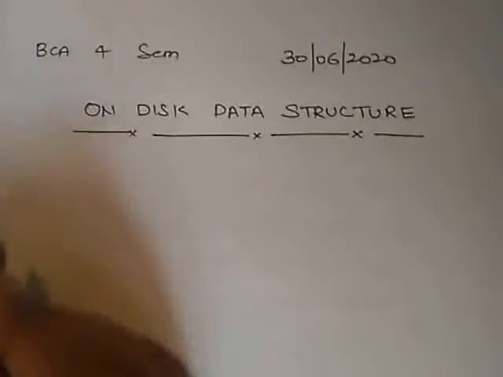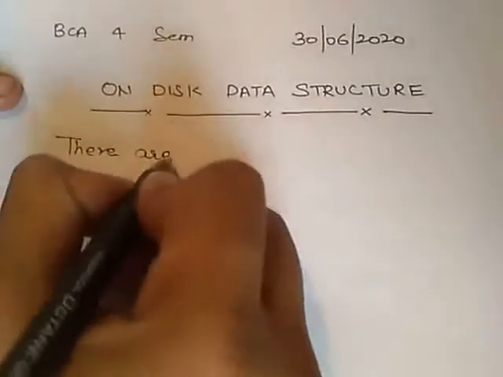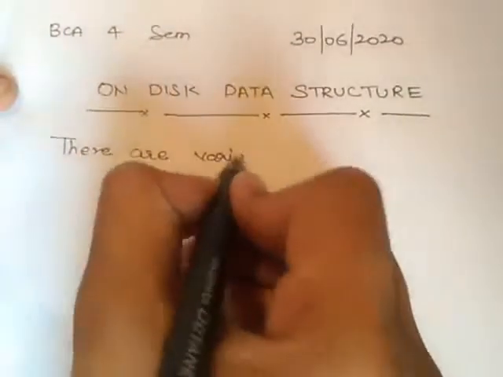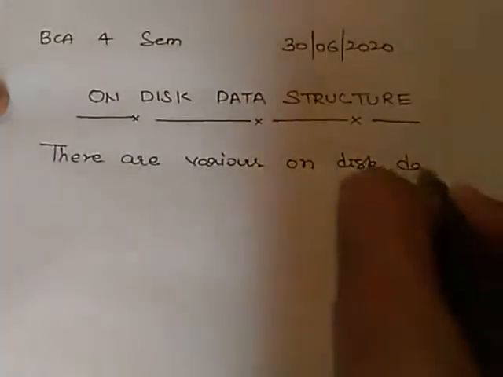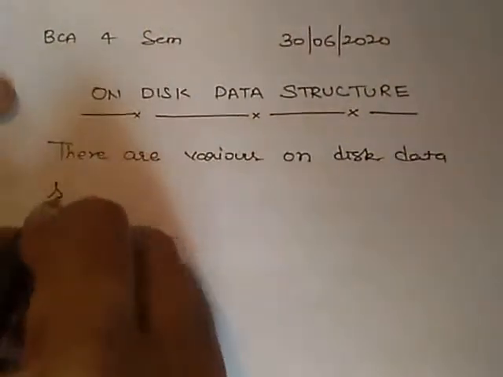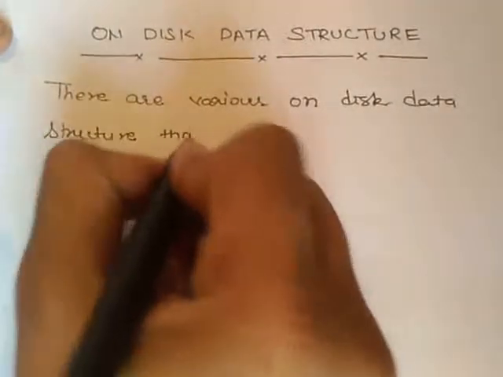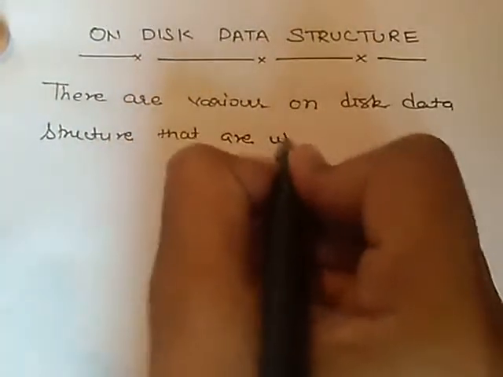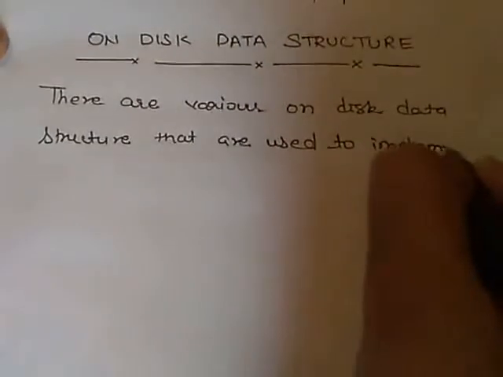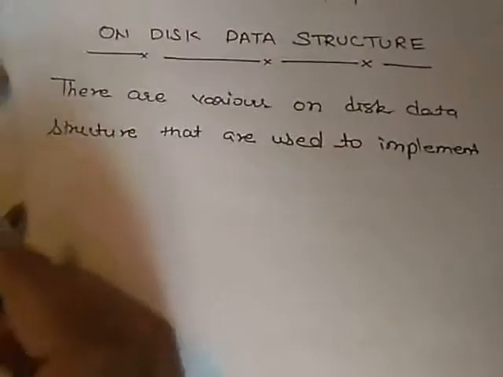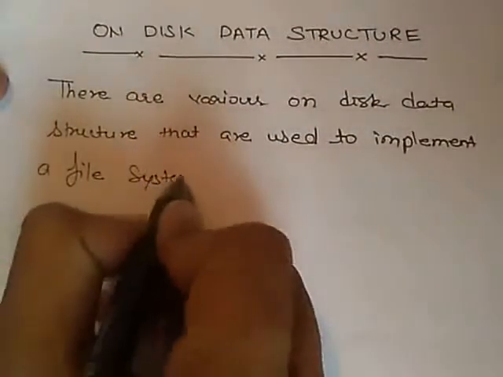Now we can say that there are various on-disk data structures that are used to implement a file system.